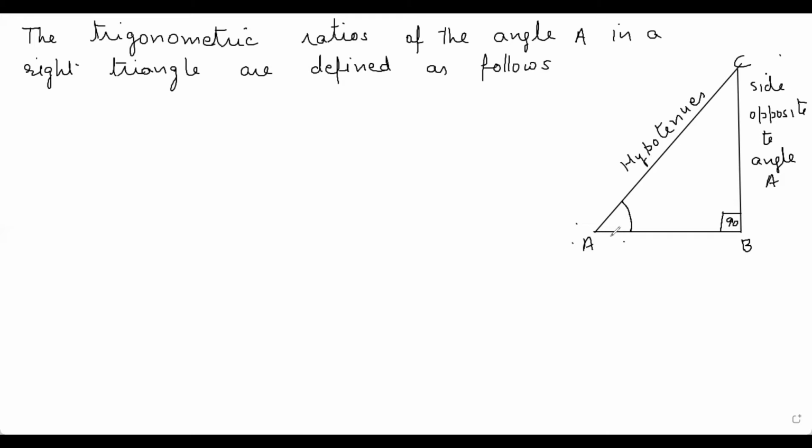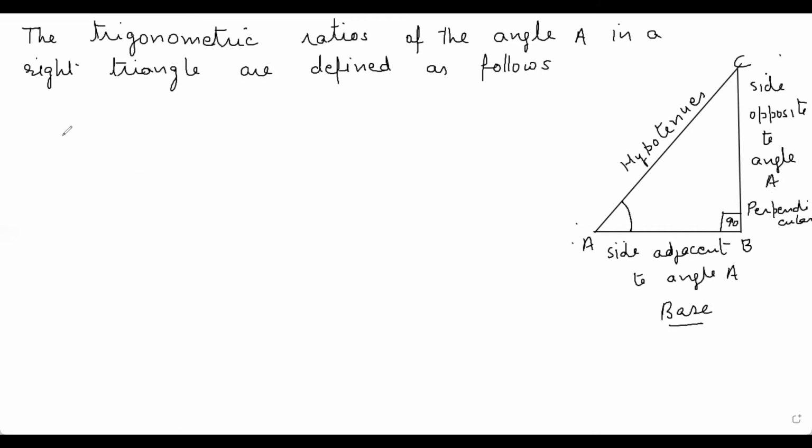Now AB is a part of angle A, so this side is called the side adjacent to angle A. Side adjacent to angle A is called base, and side opposite to angle A is called perpendicular.